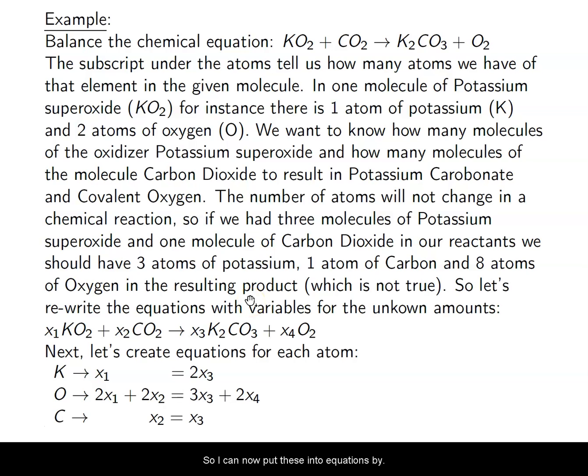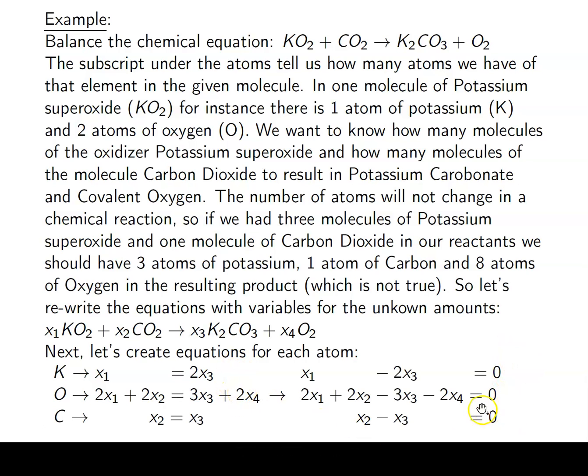Okay. So I can now put these into equations by moving everything over to one side of the equation and having my constant values on the right hand side, which are zeros, right? So now I have a system of equations where 0 is on the right side, and all of my variables are on the left side.